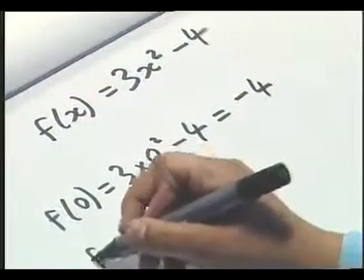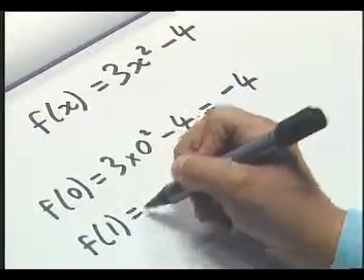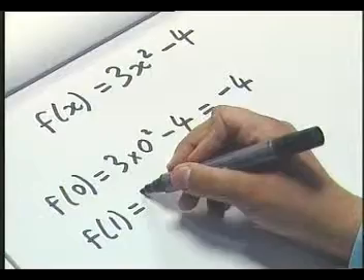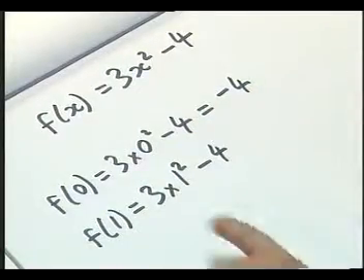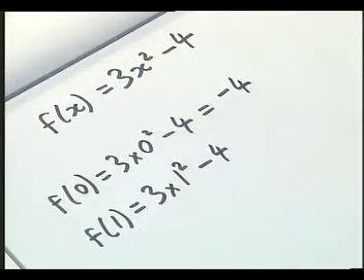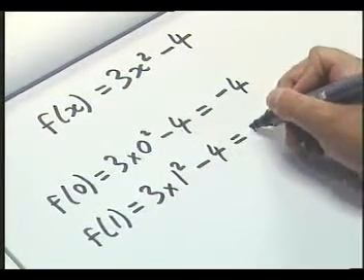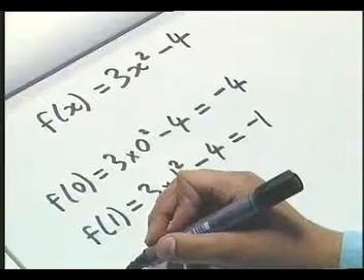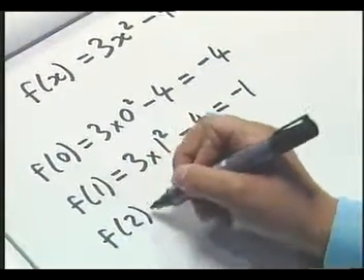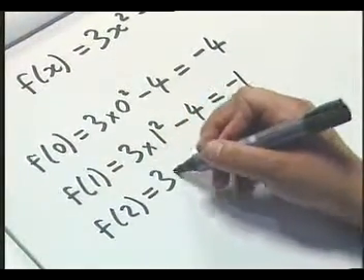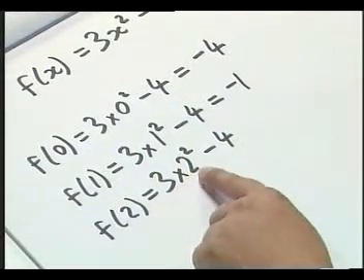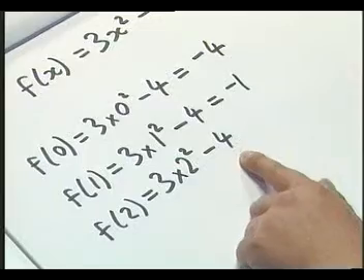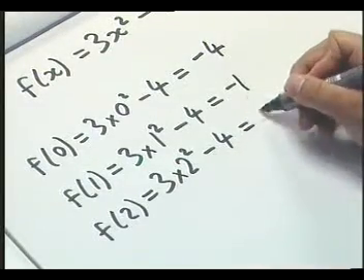If we start off with an argument of 1, we get f of 1 equals 3 times 1 squared take away 4, which is just 3 take away 4, which gives us minus 1. If we have an argument of 2, f of 2 equals 3 times 2 squared take away 4, which is 3 times 4, which is 12, take away 4 gives us 8.